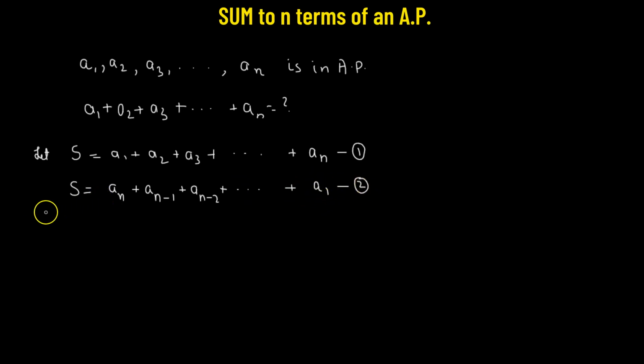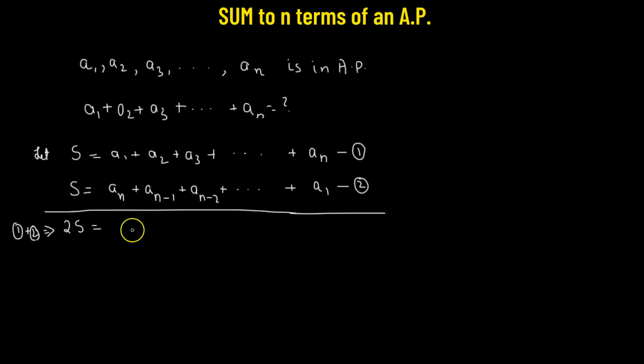Now we will add the two sums. We're going to add 1 with 2. So that means we have s plus s on the left hand side. So this will be equal to 2s. And on the right hand side, we are going to add each of the terms term by term. That means we'll add a1 with an.